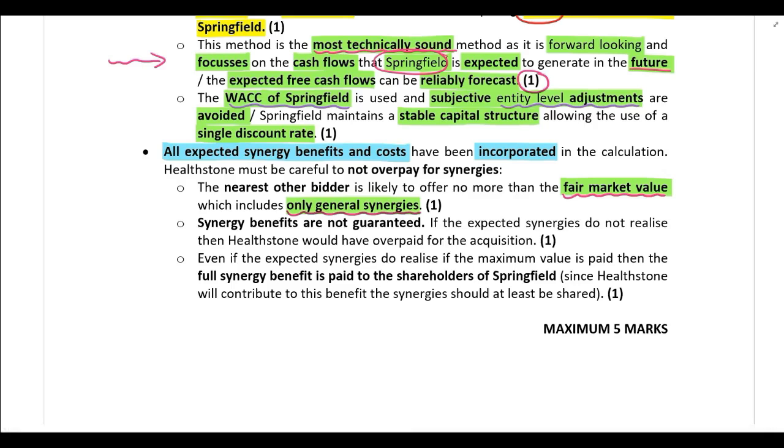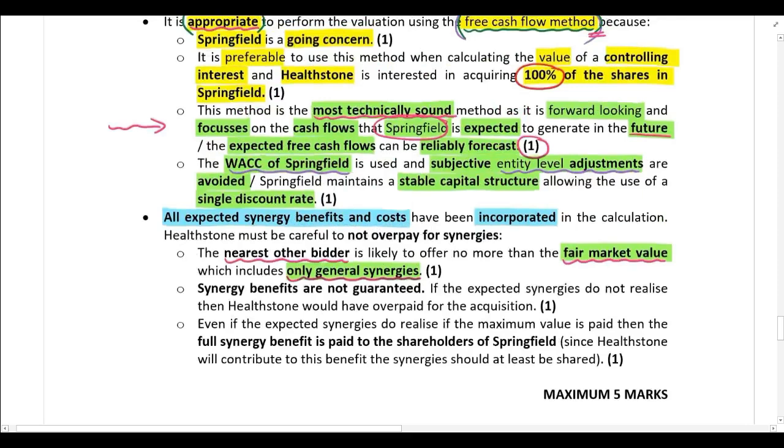So it's important to note, if Healthstone wants to buy 100% of the shares in Springfield, they shouldn't pay the maximum value because they'll probably then overpay. Other market participants or other bidders, so there might be other companies also interested in buying Springfield's shares, won't be aware of the specific or unique synergy benefits that exist between Healthstone and Springfield.